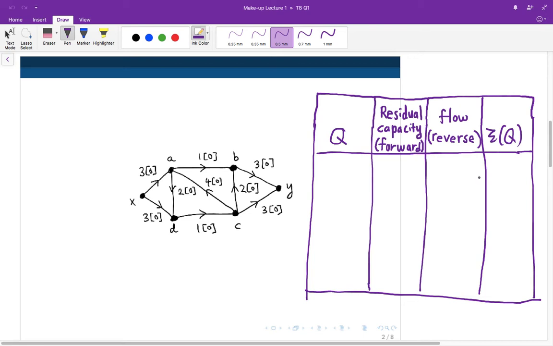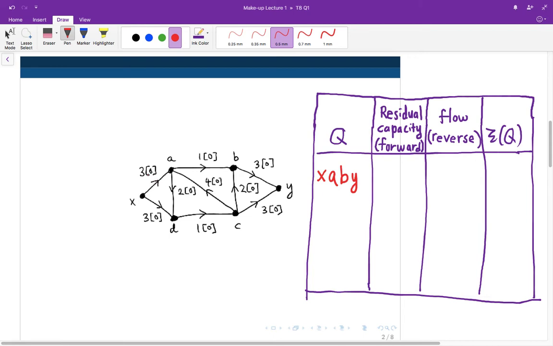Alright, let us now start by finding an f-incrementing path. Well, this can be given by the path X going to A, and then B, and then Y. This path is f-incrementing because all the arcs in the path are forward arcs, and the current flow is strictly less than the capacity.